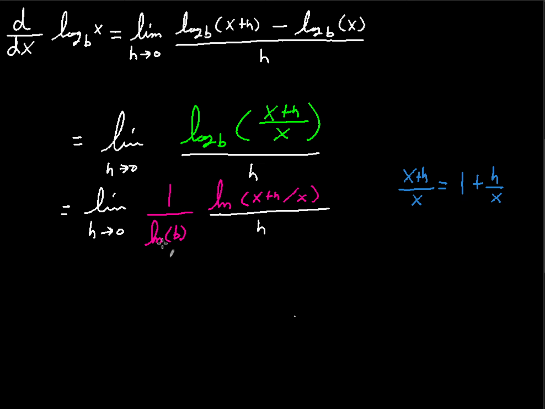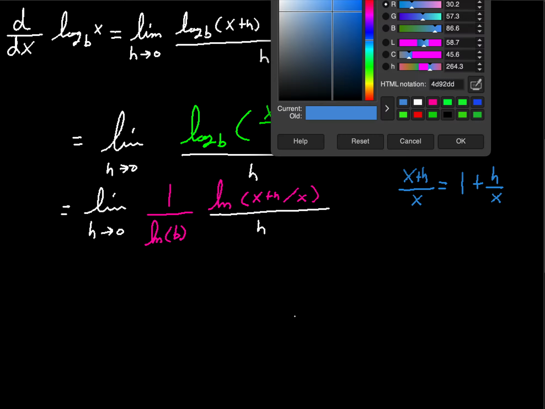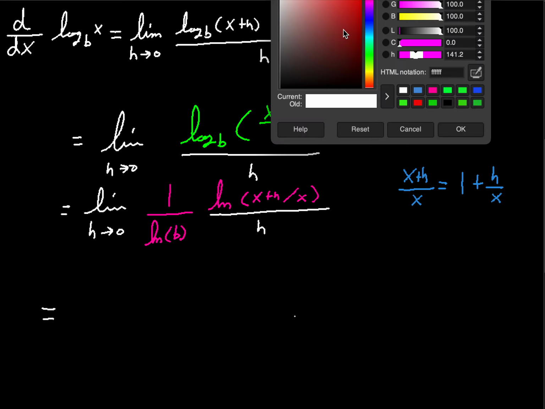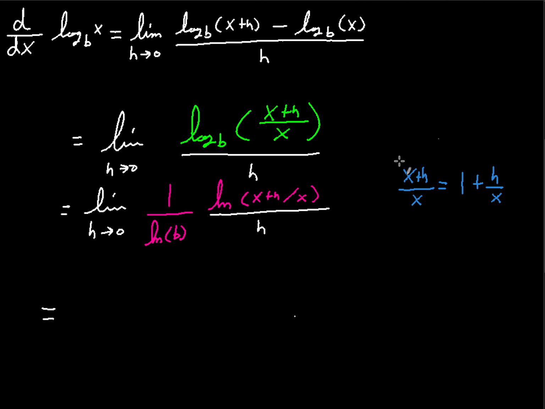So I'm happy with the natural log of b at the moment. But now I'm playing with this argument here and seeing what might happen. All right, I'm going to rewrite what we have and what's not changing. So this equals, and the natural log of b isn't going to change, so I'm just going to pull it out of the limit.